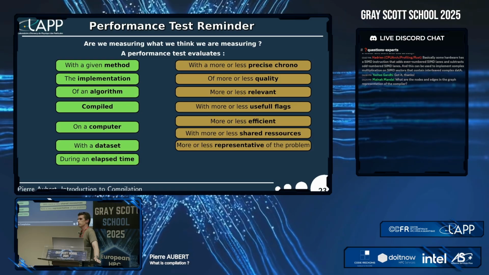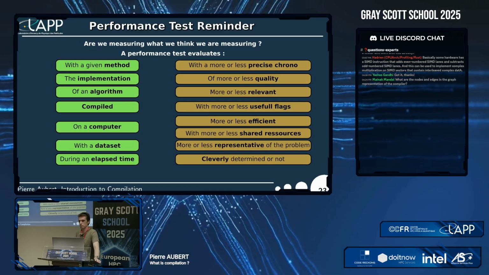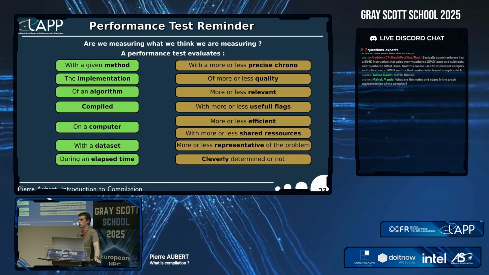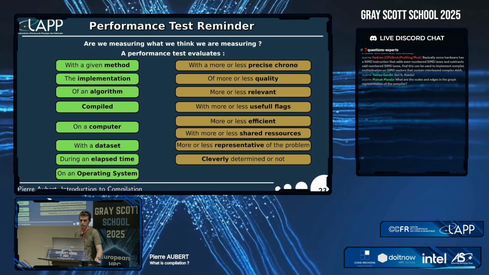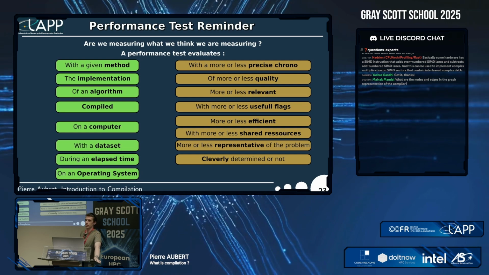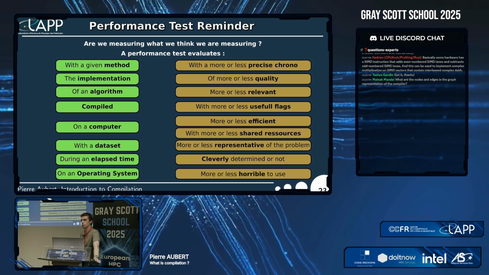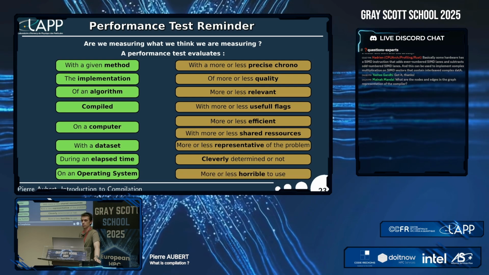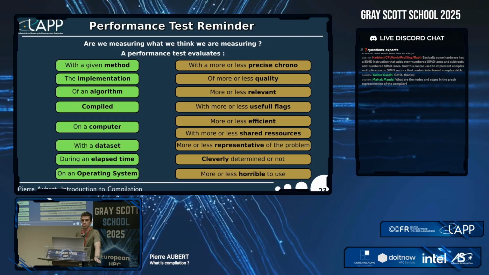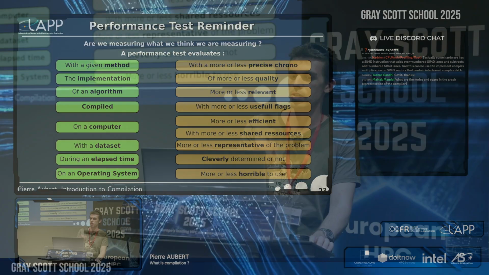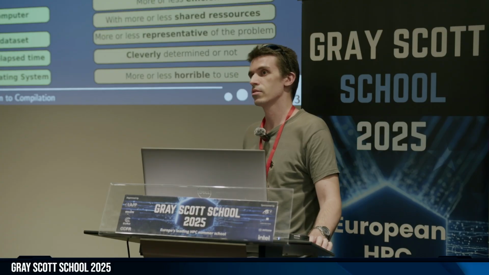During an elapsed time, but maybe it's not that pertinent, not that relevant. Maybe it's too short, maybe it's too long for the problem you want to treat. And on a certain operating system, which is more or less terrible to use, depending on what you want to use. And once you get a result, you have to think about all these points because they influence the results you get.